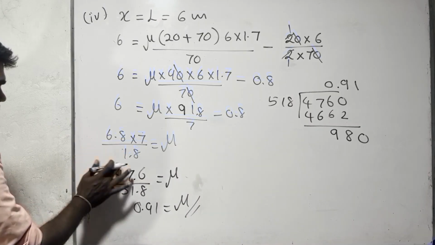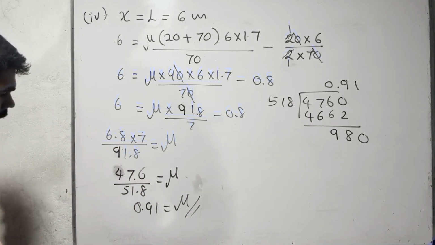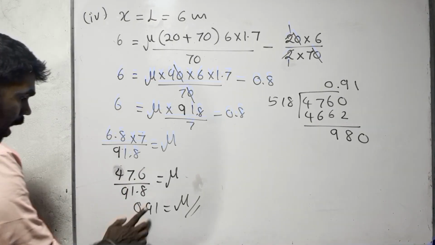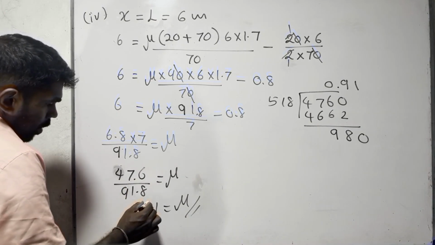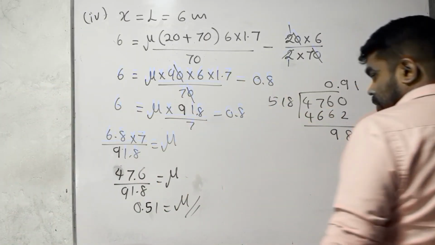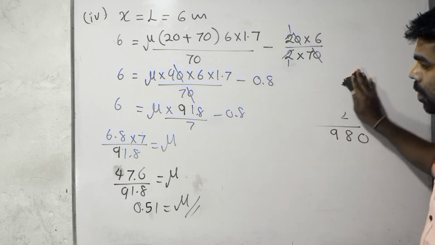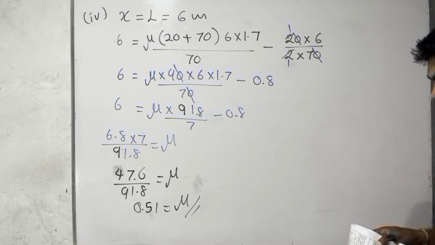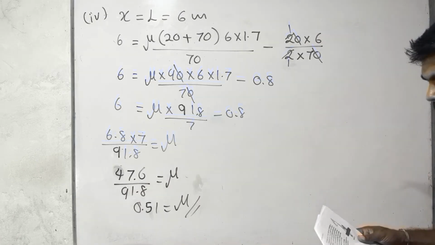Then we have to divide it by 91.8. Then we can obtain the answer 0.51. We have to give the answer to the second decimal place. They have asked for the second decimal place.